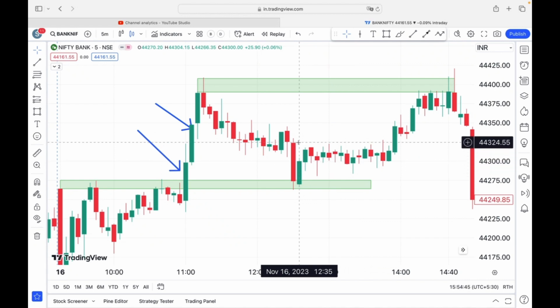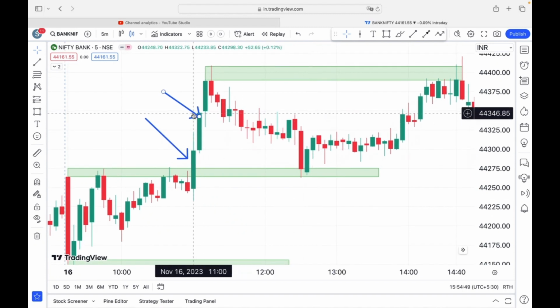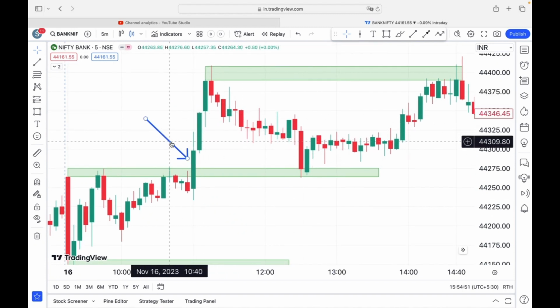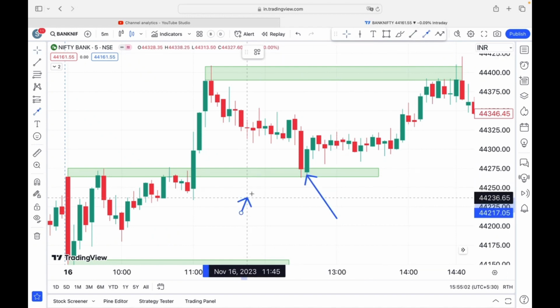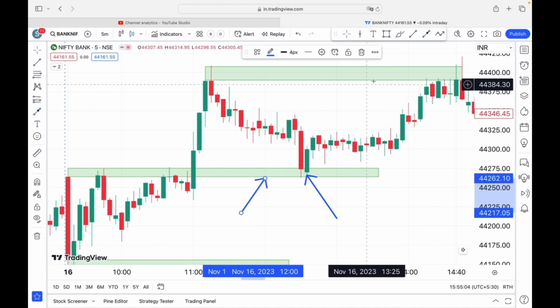But what we need is a proper confirmation before we take any trade. We need the maximum number of odds in our favor to go ahead and take a trade. In this case, we have one, the piercing pattern, and two, it is coming at this support area, and we have a good risk versus reward ratio.